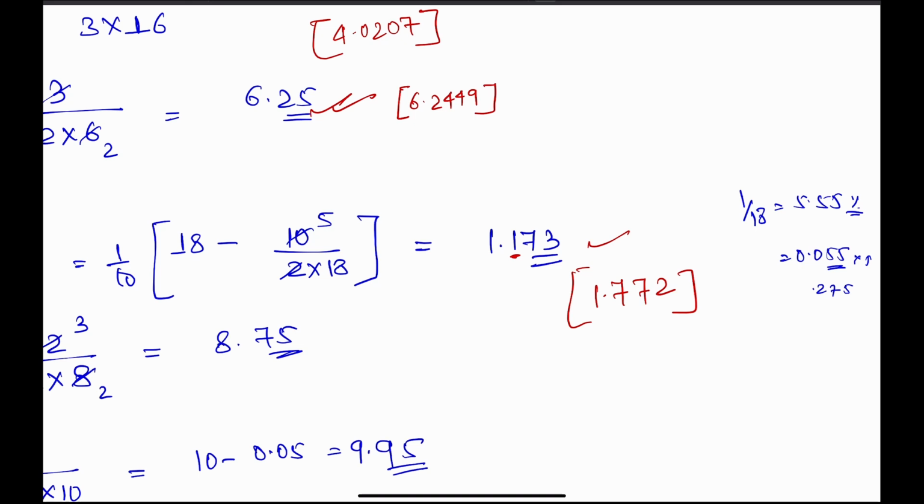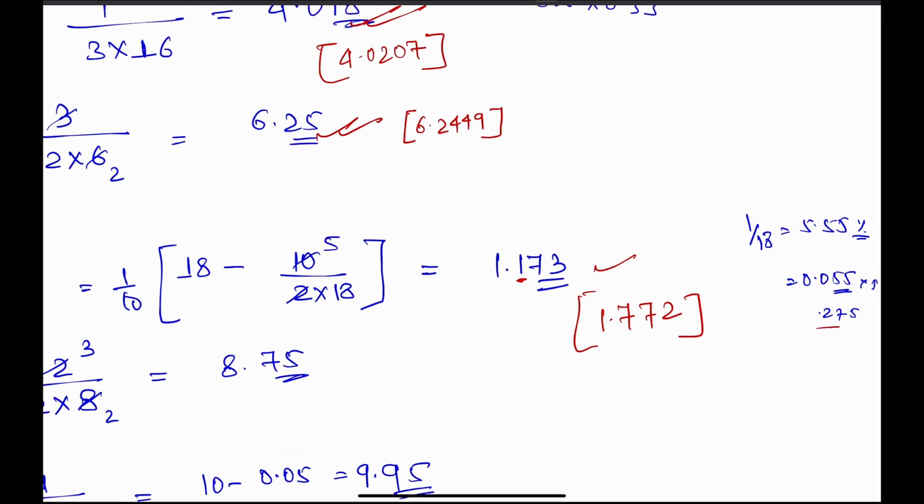Let me just verify once. 18 minus 5 by 18. No. Some mistake I have done, and I don't know what. Okay, so this multiplication is correct.